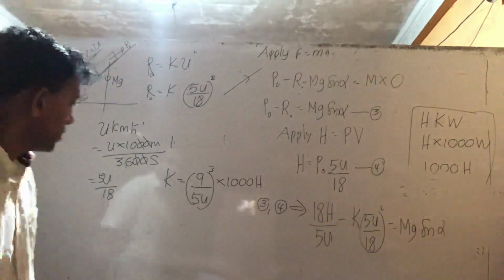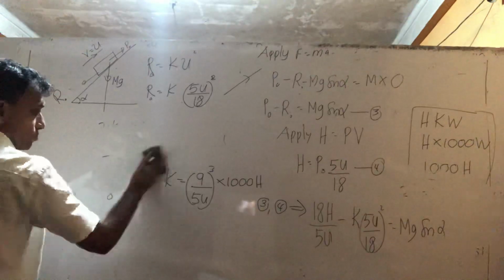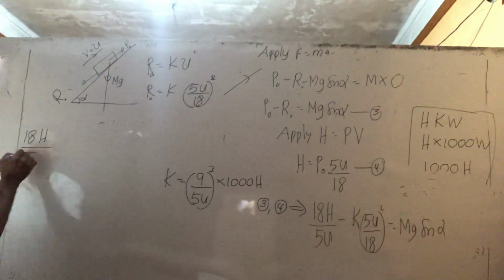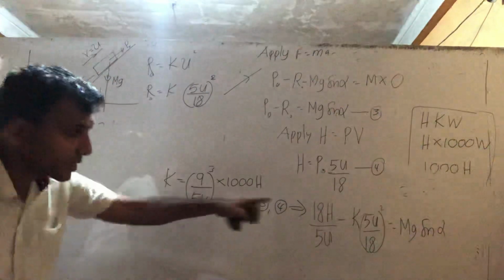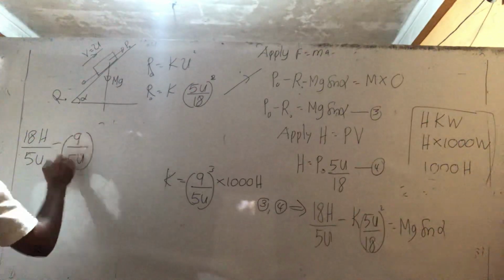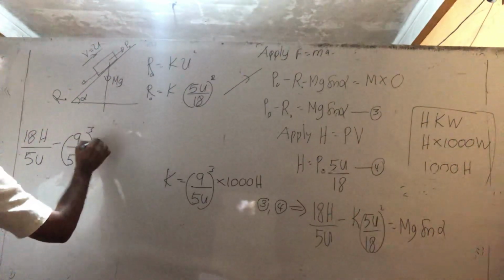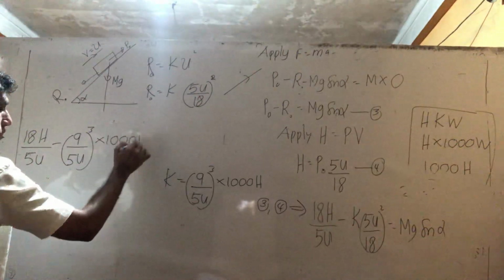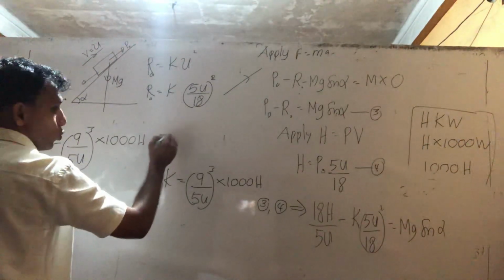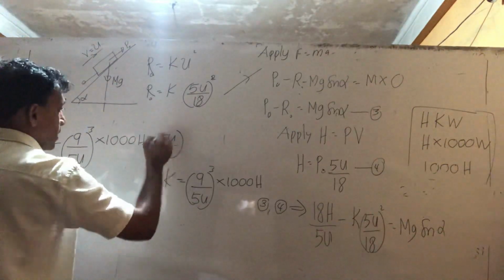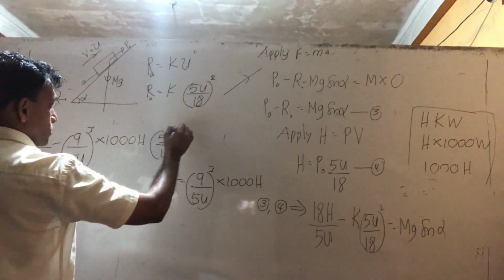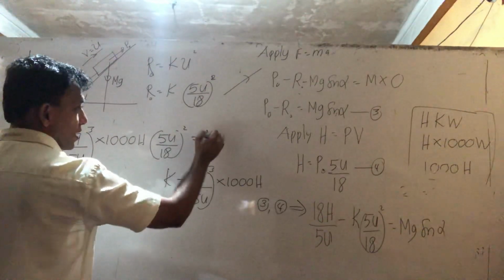We put the K value there. So therefore 18H over 5u minus K, putting this K answer, 9 over 5u totally cube, into 1000H into 5u over 18 completely squared, equals capital Mg sin alpha.